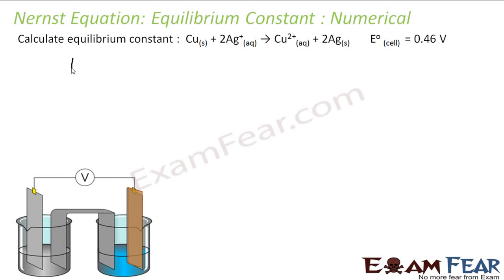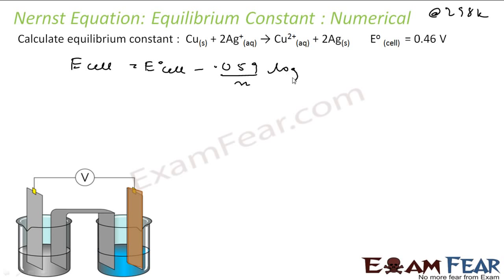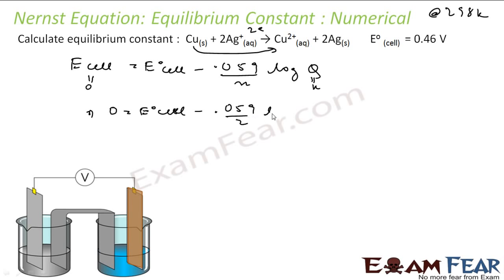Now we have to find the equilibrium constant for this reaction. We know that E cell is E naught cell, assuming 298 Kelvin and using the shortcut formula, minus 0.059 by n log of Q. At equilibrium E cell is 0 and Q is K. So 0 equals E naught cell minus 0.059 by 2 log of K, where n is 2 because copper becomes Cu2 plus, so there are 2 electrons. The E cell value is given, that is 0.46 volt, and volt cancels.